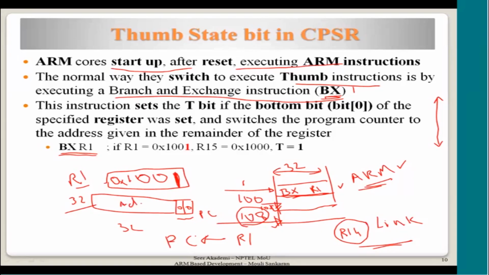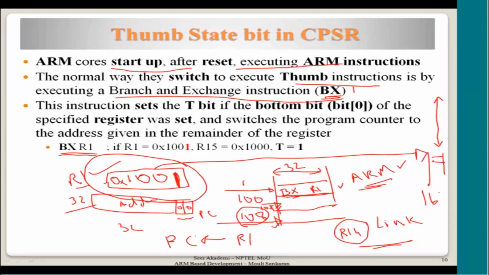Okay, so it is supposed to move to 1000. Is it supposed to move to 1000 or 1001? See, the one is an indication that if the LSB is set, the new address the processor is moving to has instructions that are all encoded in a 16-bit format. That means they are all in thumb mode.